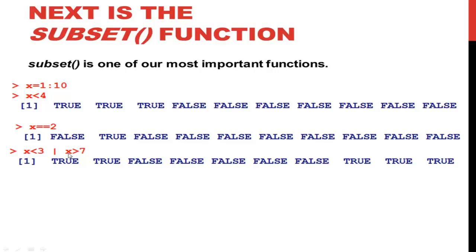What's that look like? That's true, true, false, false, false, right? Okay, what about the other statement, which is x is greater than 7? What's that look like? It's going to be false, false, and then true, true at the end.